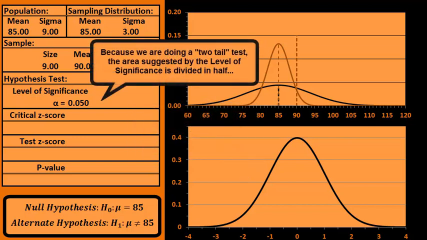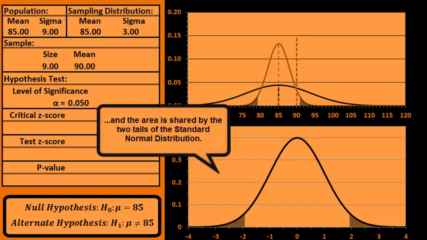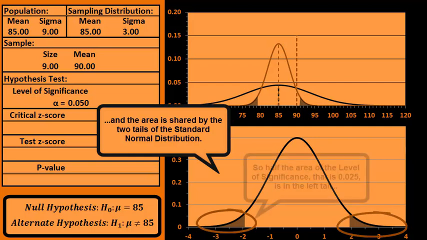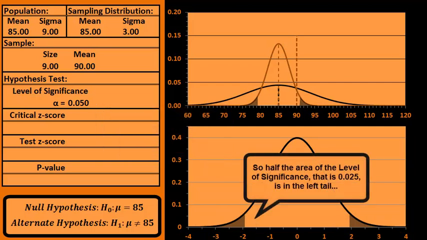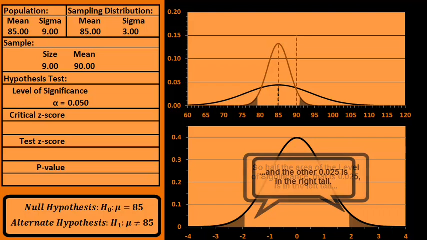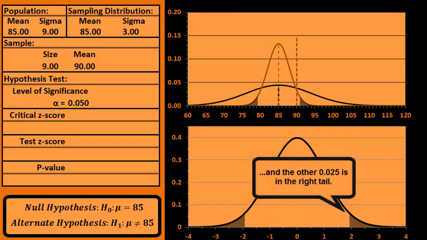Because we are doing a two-tailed test, the area suggested by the level of significance is divided in half, and the area is shared by the two tails of the standard normal distribution. So half the area of the level of significance, that is 0.025, is in the left tail, and the other 0.025 is in the right tail.